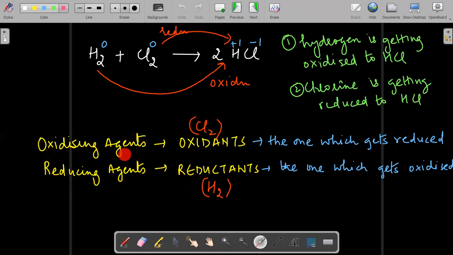Oxidizing agents are those molecules which oxidize another molecule and themselves get reduced. While reducing agents or reductants themselves get oxidized and in turn reduce the other species.